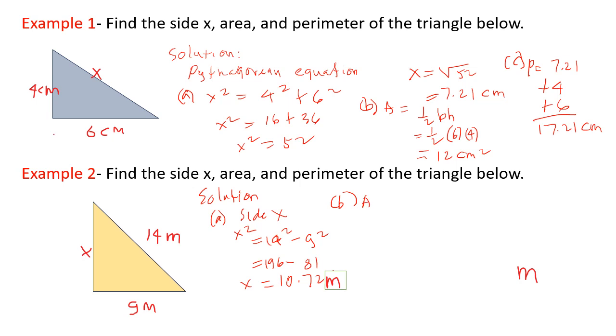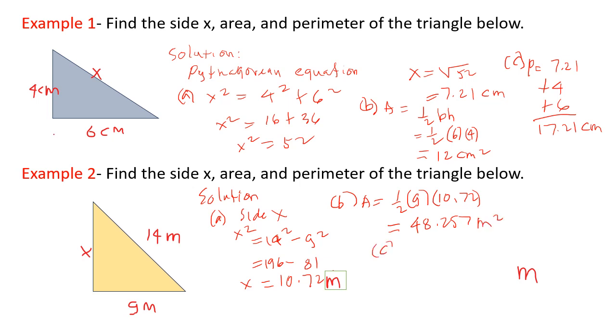So area equals 1/2 times 9 times 10.72 equals 48.25 feet squared.